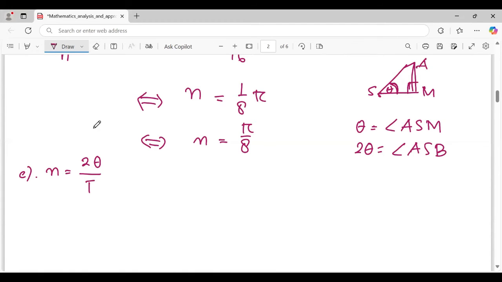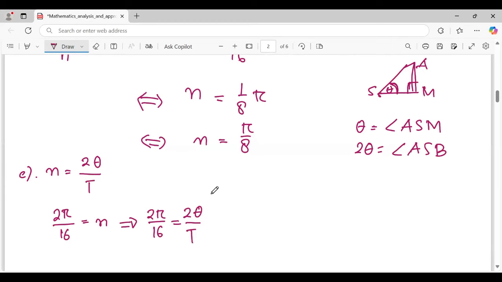From the previous explanations, 2 pi over 16 equals n. It means 2 pi over 16 equals 2 theta over t.